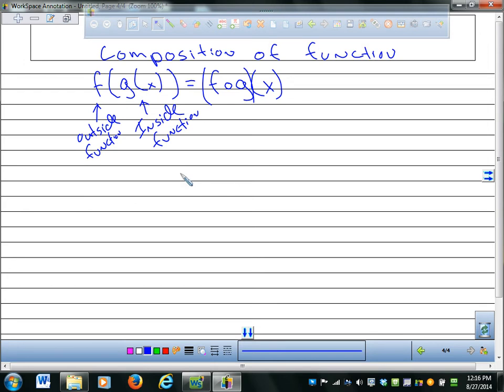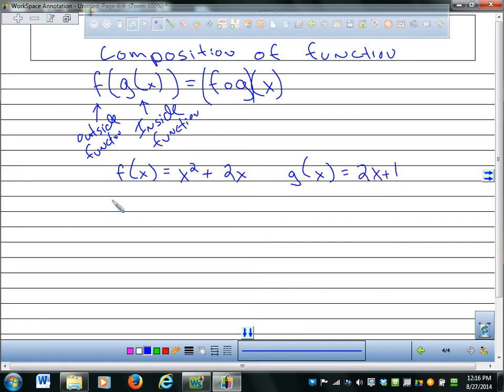So say, for example, f of x is equal to x squared plus 2x, and g of x is equal to 2x plus 1.